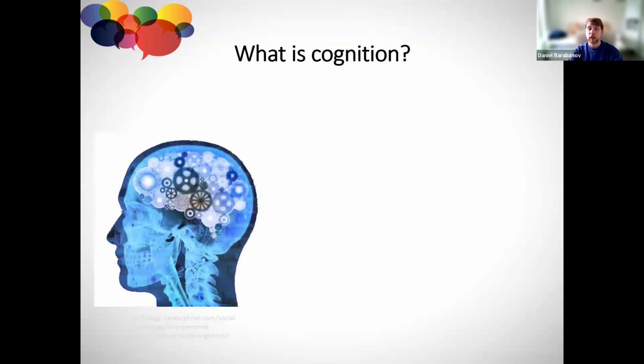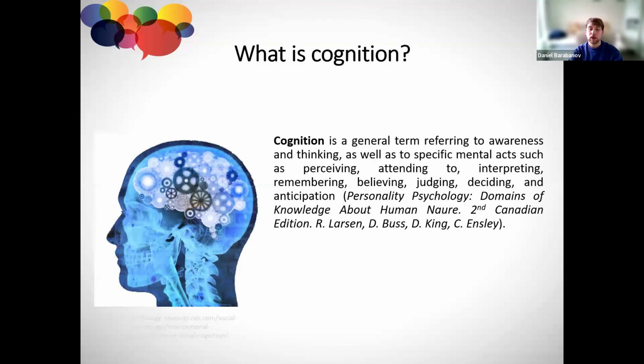Obviously, the main concept here would be the concept of cognition. How can we define it? Cognition is a general term referring to awareness and thinking, as well as to specific mental acts such as perceiving, attending to, interpreting, remembering, believing, judging, deciding, and anticipation.